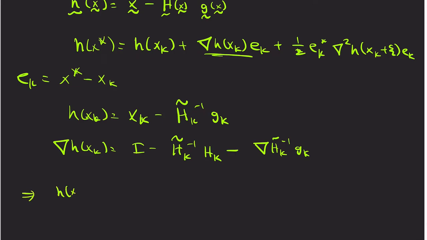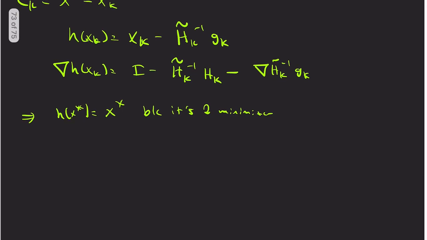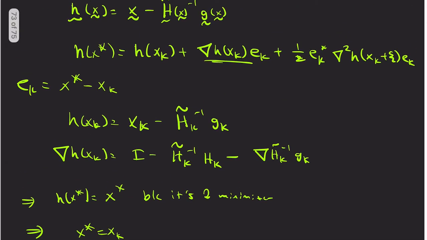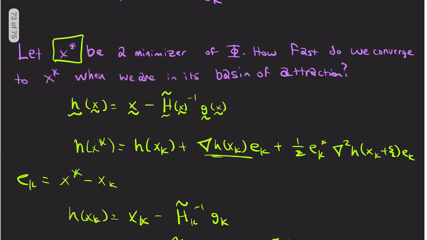Now also, h of x star is equal to x star because it's a minimizer. So we have x star equals xk plus, also h of xk is xk plus 1 because we defined h of x by this formula, right?